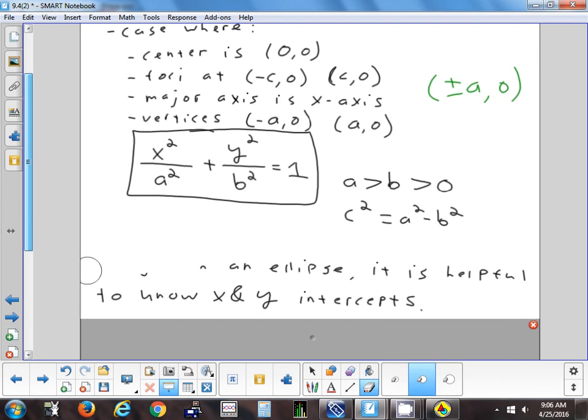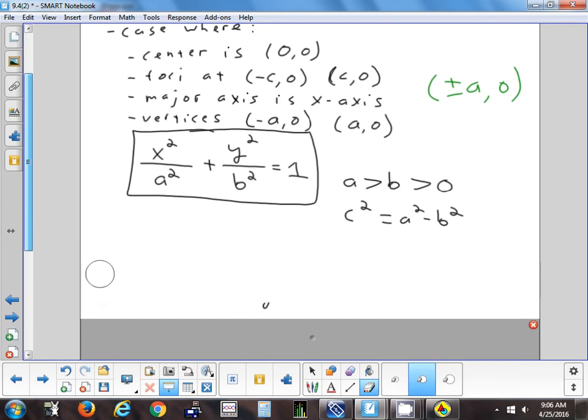Right, so I had written down that to graph an ellipse, it's helpful to know the intercepts, and the book mentions that. Figure out where the ellipse crosses the axes. But is it possible you could have an ellipse that doesn't cross any axis? What do you think, Kyle? I don't know.